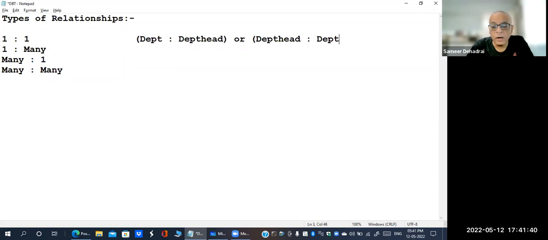Either way you look at it, it's an example of 1:1. Followed. One is to one.